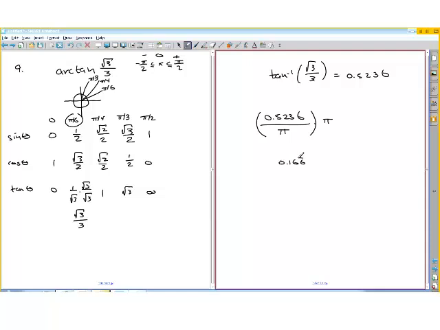So we get 0.166 pi, which is pi divided by 6. As we said earlier, we have to remember these things. So 0.166 is equal to 1/6, 0.25 is equal to 1/4, 0.33 is equal to 1/3, and those give us pi over 6, pi over 4, pi over 3. Okay, so that's how 9's done.